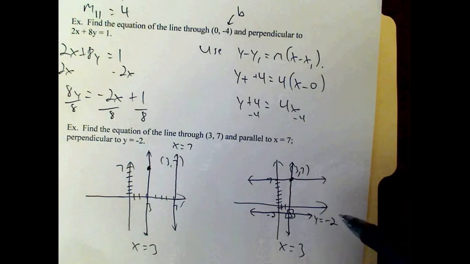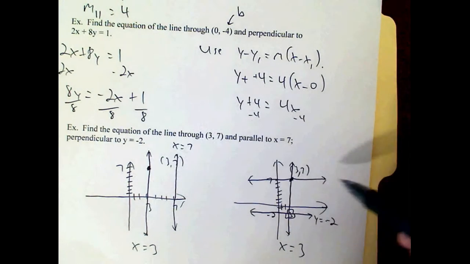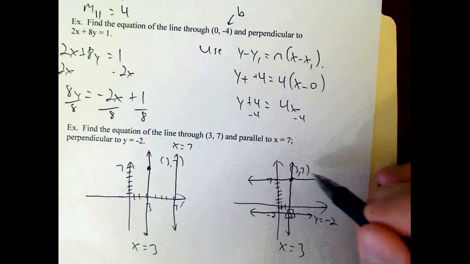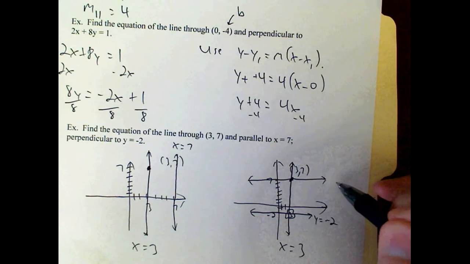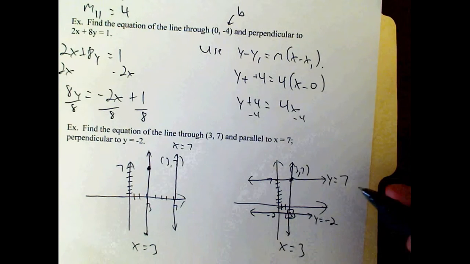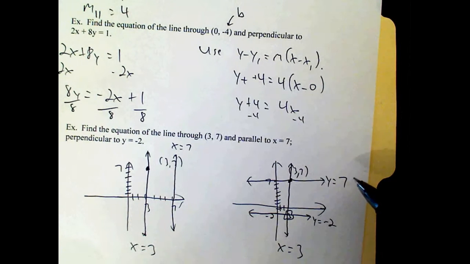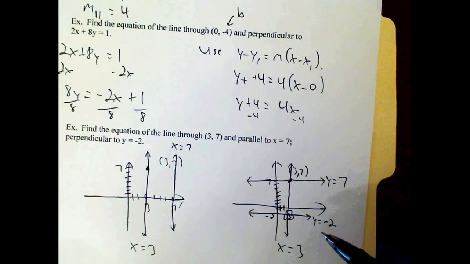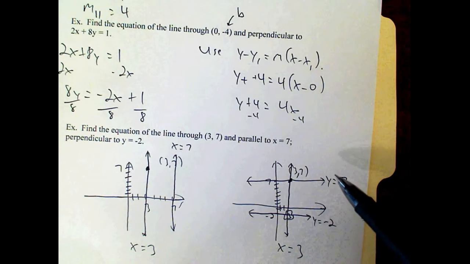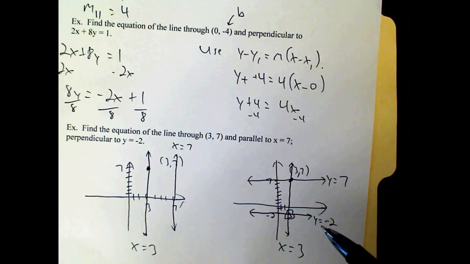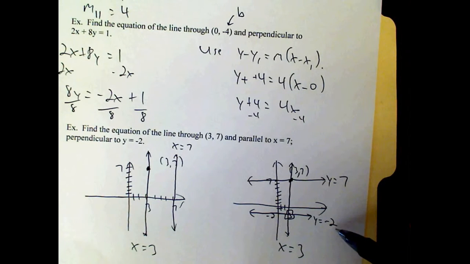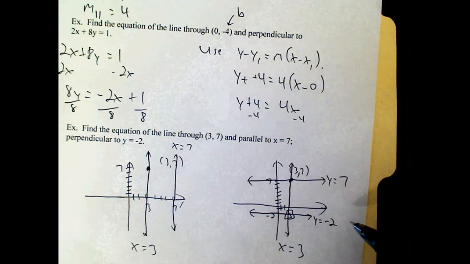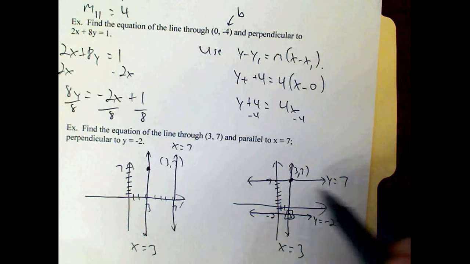And since that horizontal line goes through the y-axis at 7, y equals 7 will be the equation of the line parallel to y equals negative 2. So y equals 7 and y equals negative 2 are parallel. Y equals negative 2 and x equals 3 are perpendicular. The reason it's y equals 7 is because we wanted to go through that point (3, 7).